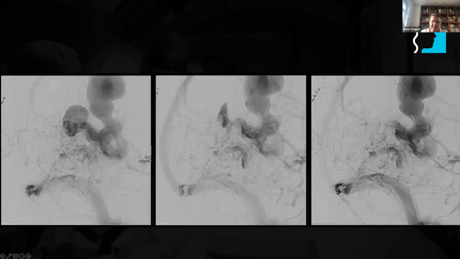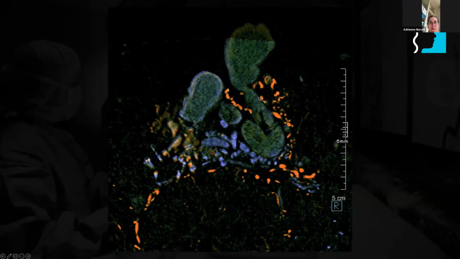And by looking at the 6D, what I call 6D is when you make a rotational angiogram, one for the posterior circulation, one for the ECA, and you give a different color code. So orange is the ECA, blue is the posterior circulation.